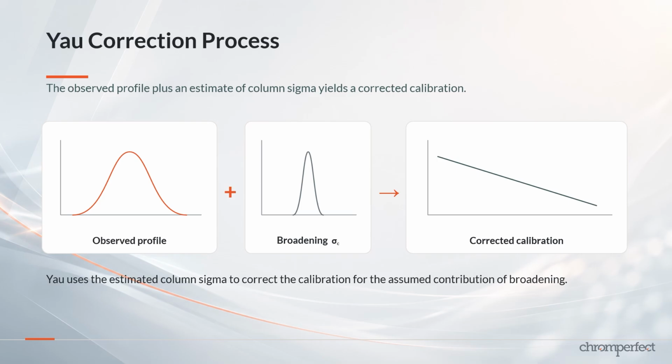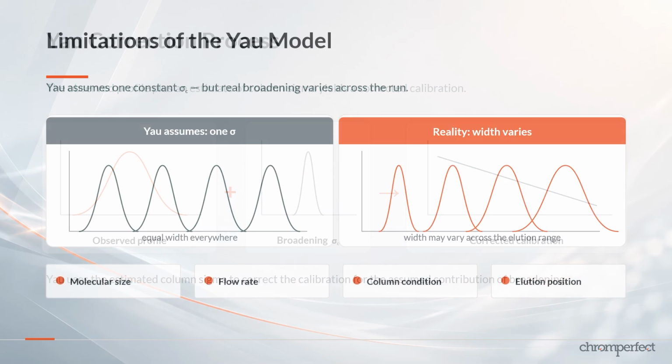The corrected curve should lie closer to the true calibration curve that would have been obtained using narrow standards. Because the calibration is corrected toward the underlying column relationship, it should be more applicable to samples whose molecular weight distributions differ from that of the broad standard. The usefulness of the Yau correction depends upon the validity of the column sigma assumption.